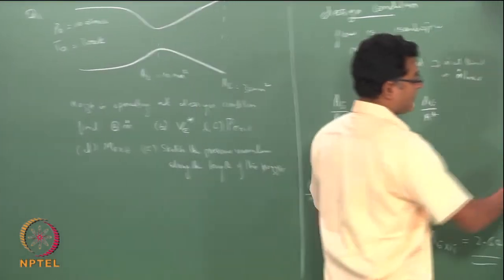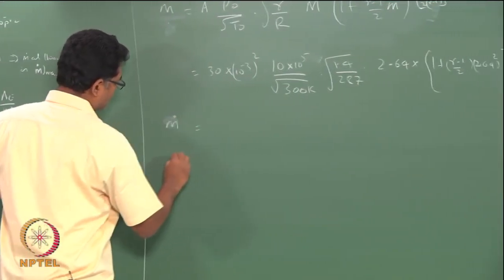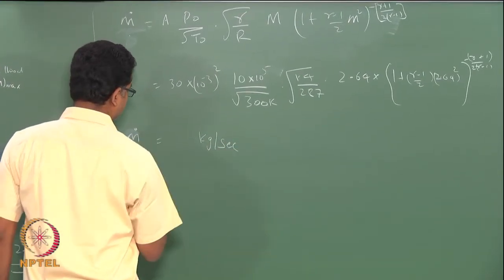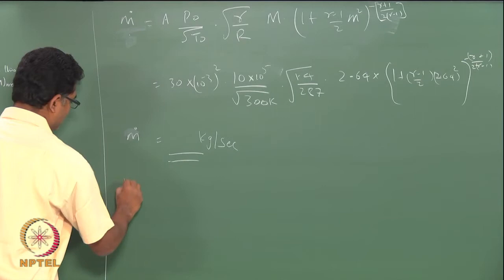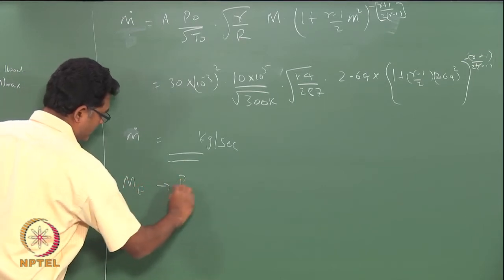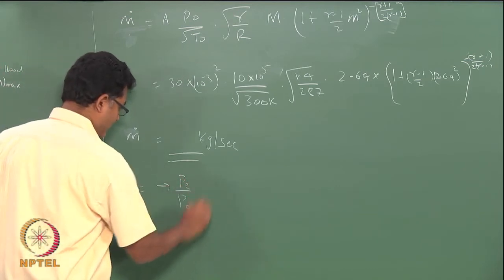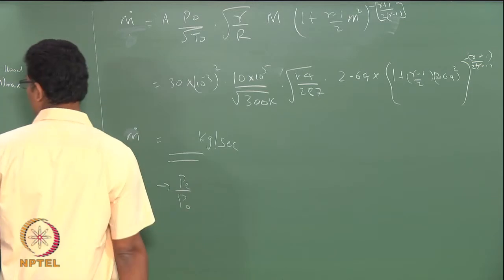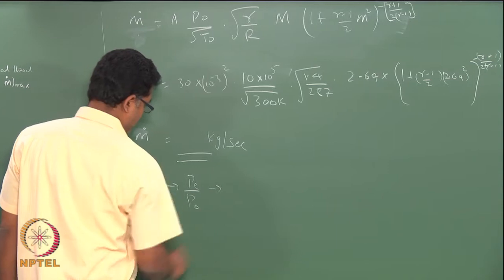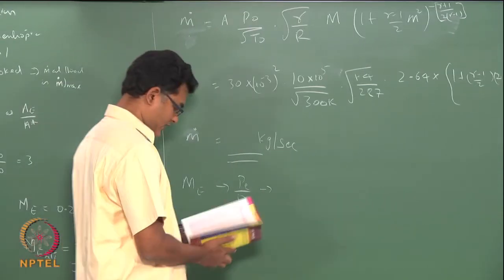So, once you have your M exit, this is my m dot in kg per second. Once I have my M exit, I can get P by P0 or P exit by P0, which I have to look at the gas tables to find.